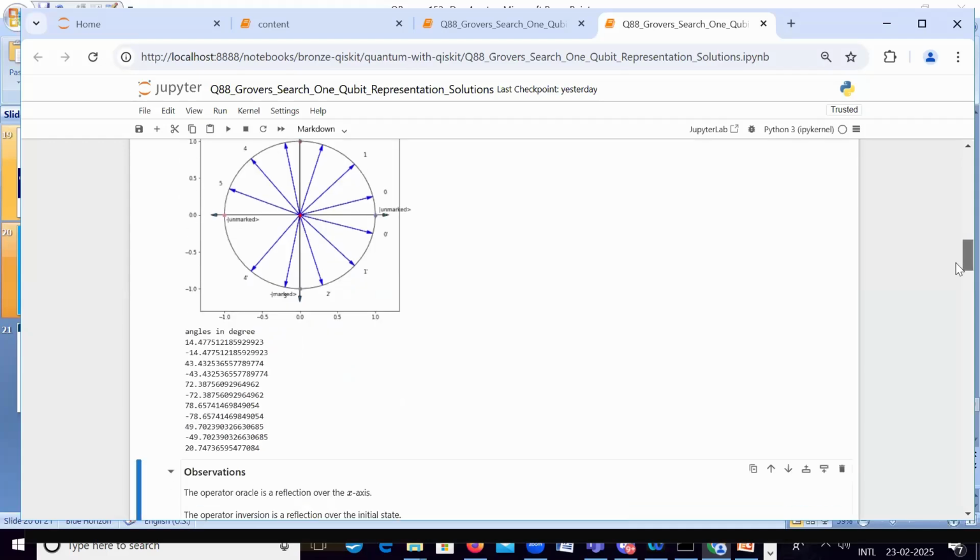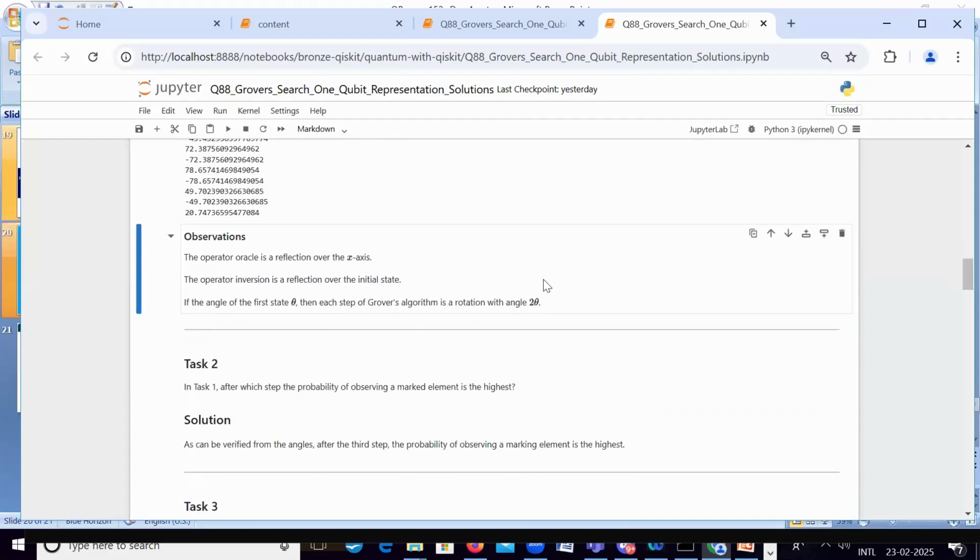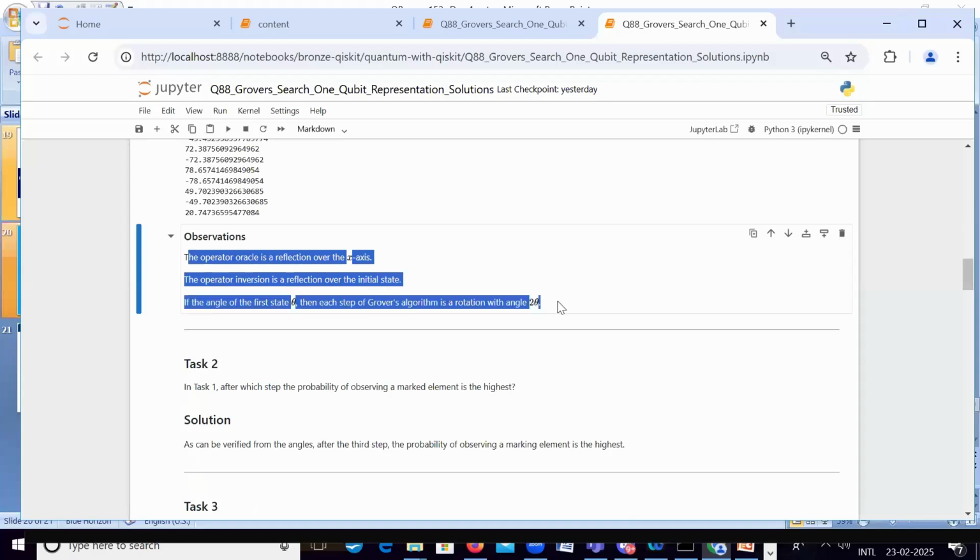Now we got this, and these are some observations on the above representation. The operator oracle is a reflection over the x-axis.